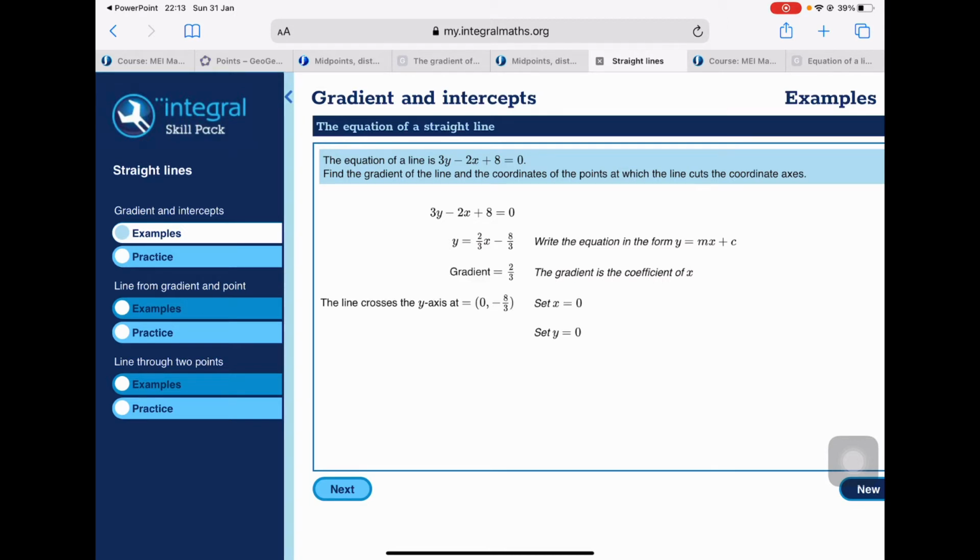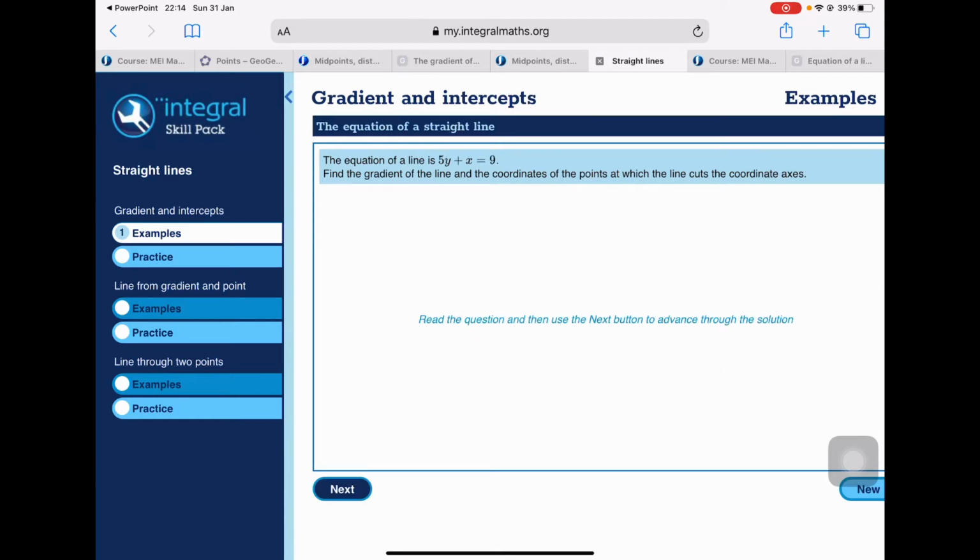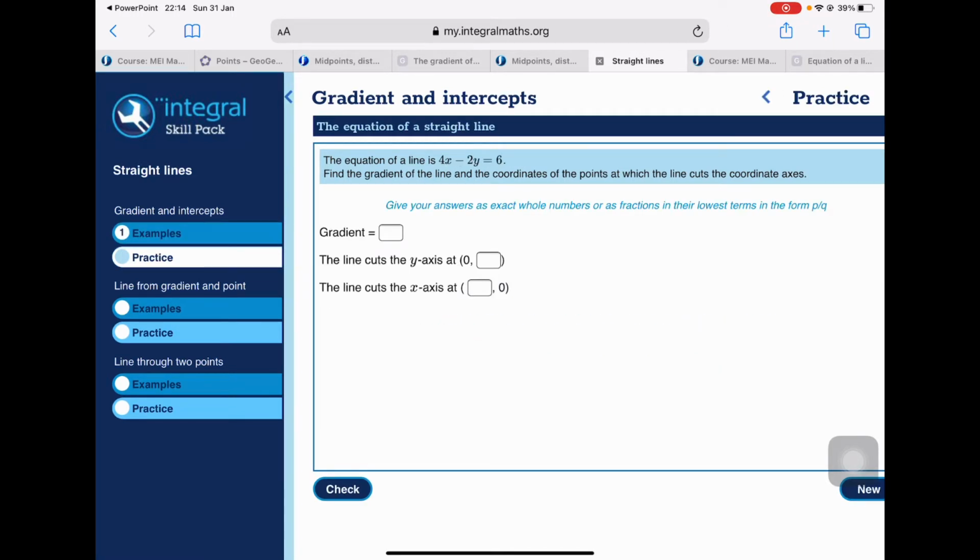Substitute x equals 0. Substitute y equals 0. And then you have your 2 points, your 2 coordinates for when the line crosses the y and x axes. Now, of course, you could click new and do another example, but I'd like you to try the practice questions and then check your answer.